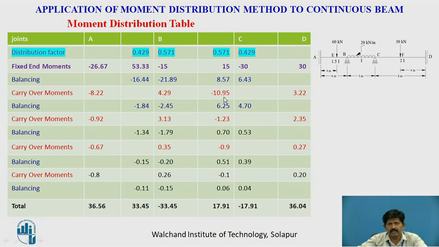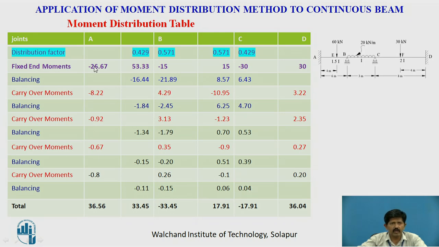Again this multiplied with this distribution factor and with opposite sign it is 4.7. Again this carryover moment is done for the far end fixed. So like this we have to distribute the moment till we get a negligible balancing moment.